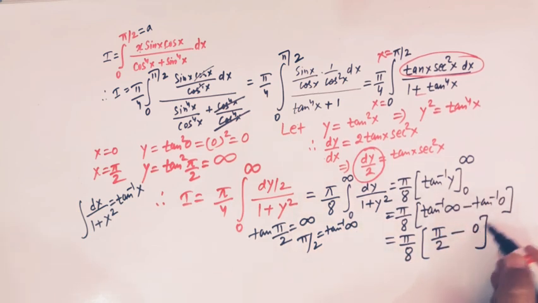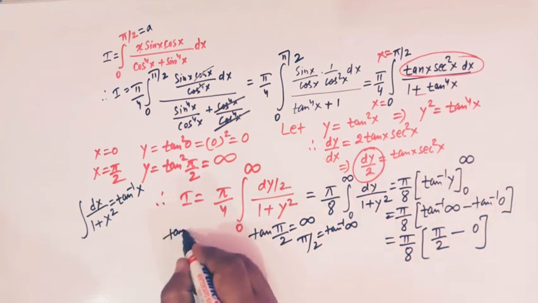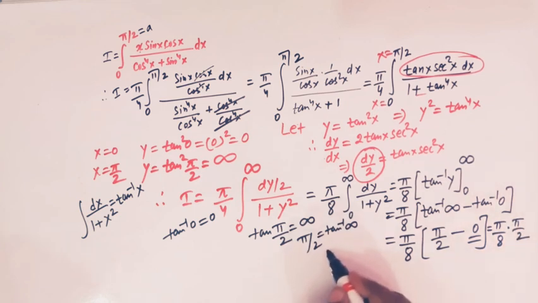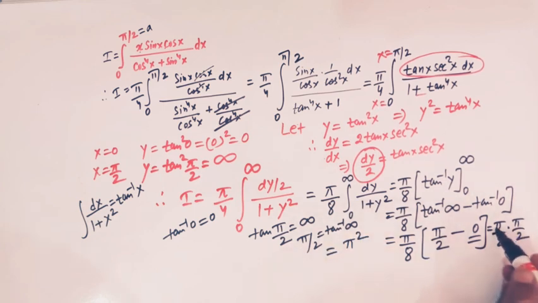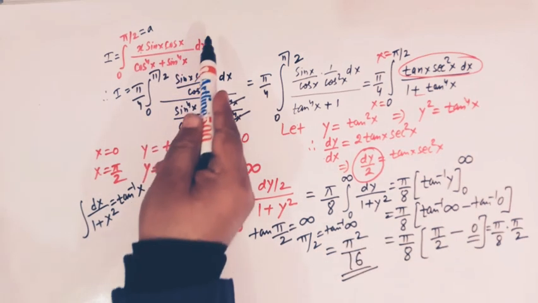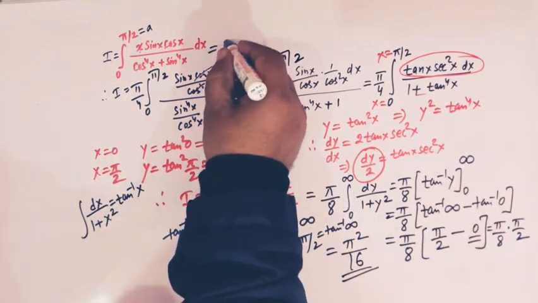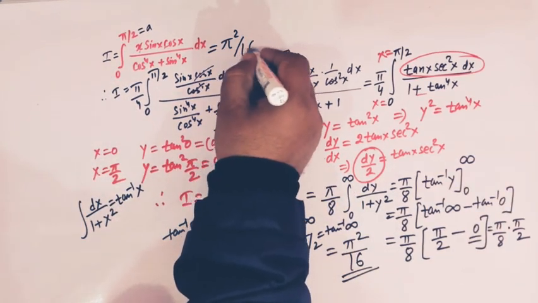So now tan inverse 0 is 0, so now we have pi over 8 times pi over 2, so now this is pi square over 16, right? So viewers, the value of this definite integral is pi square over 16.